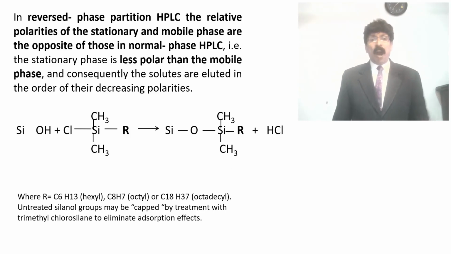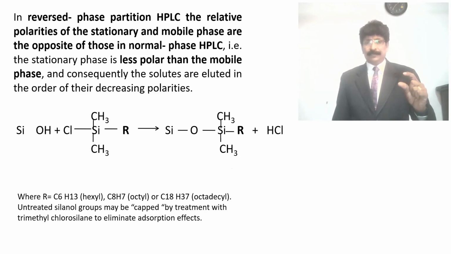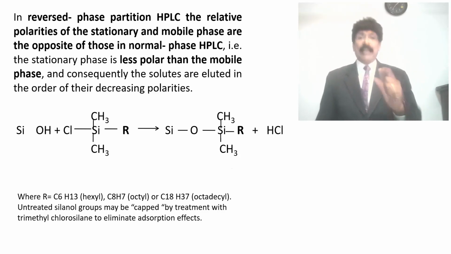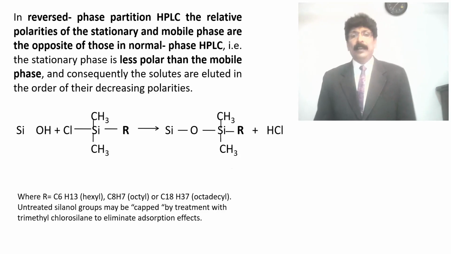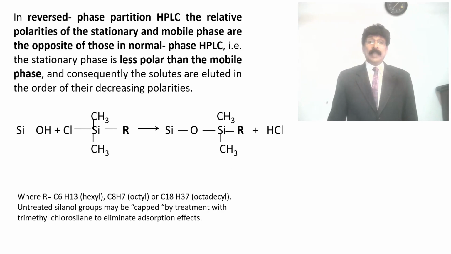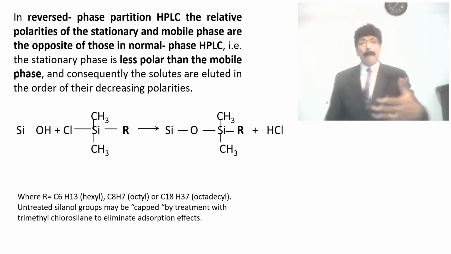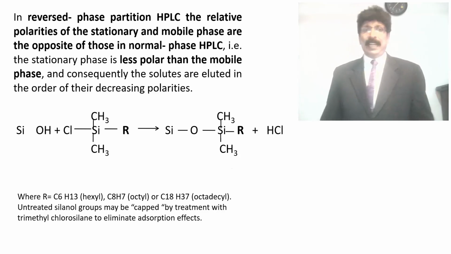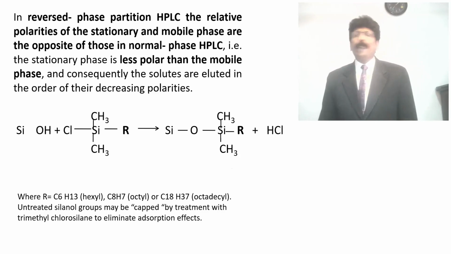So the R can be C6H13, that is hexyl, or octyl C8H17, or even octadecyl, that means C18H37. Untreated silanol groups, Si-OH, may be capped by treating with trimethylchlorosilane to eliminate adsorption effects.